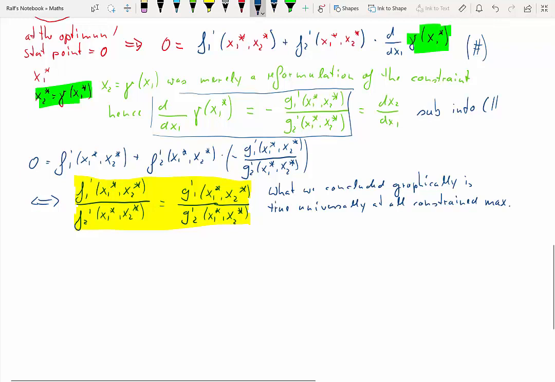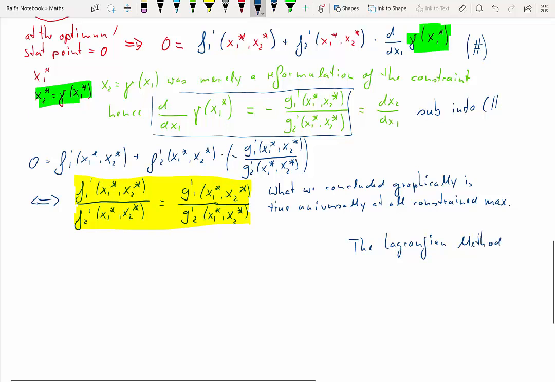So what we basically have established now is that what we concluded graphically is actually universally true at all constraint maxima, through the algebraic argument we did here. So what is the Lagrangian method? The Lagrangian method is really just a tool to find the values of x1 and x2 which meet this condition.